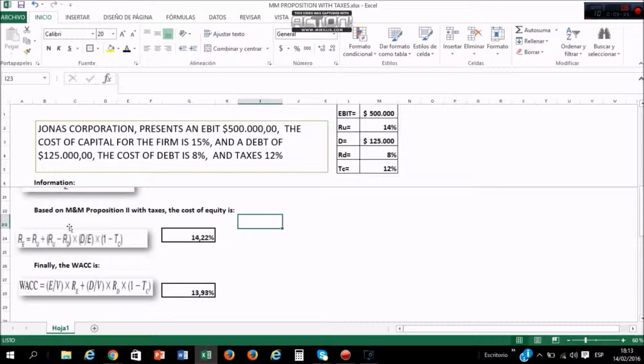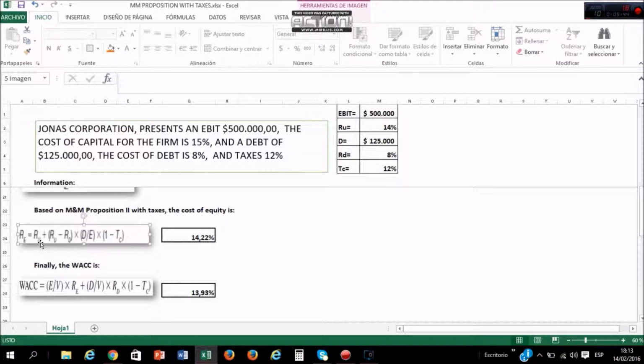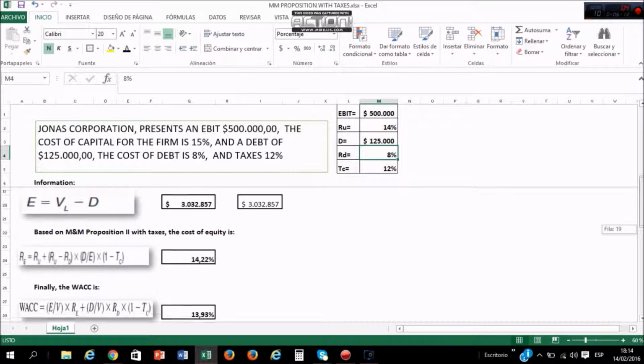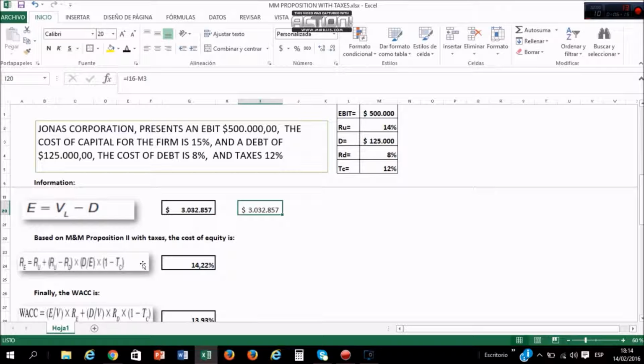Based on the M and M proposition 2 with taxes, the formula says that RE, the cost of equity, is equal to RU, the cost of the company without debt, plus RU minus RD, the cost of the debt, which in this case is 8%, all of this multiplied by the debt divided by the equity, and multiplied by the tax shield.